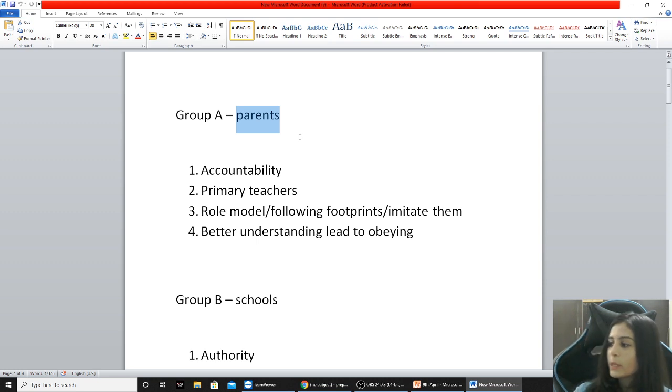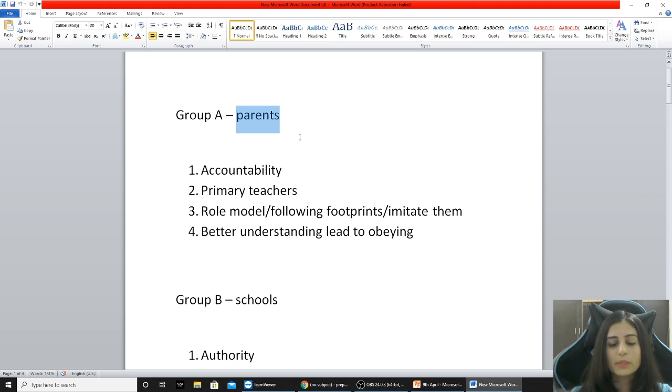So Mandeep, 80-20 basically means that you're favoring one side more than the other. You're saying parents are more accountable. However, teachers are also accountable to a certain extent. And if you're taking 80-20 in the reverse order, then you will be saying 80% schools are responsible. However, 20% parents are also responsible. But when you're writing the opinion, you will not use these figures 80 or 20.